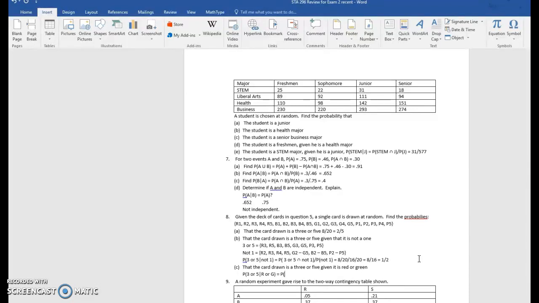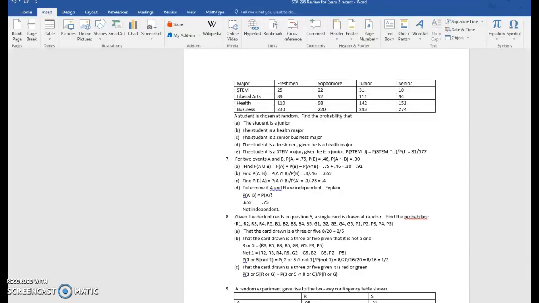Okay, so again, if we use our probability formula, we're going to have the probability of a 3 or a 5 intersected with the red or green possibility. And then that is going to be over the probability of red or green.